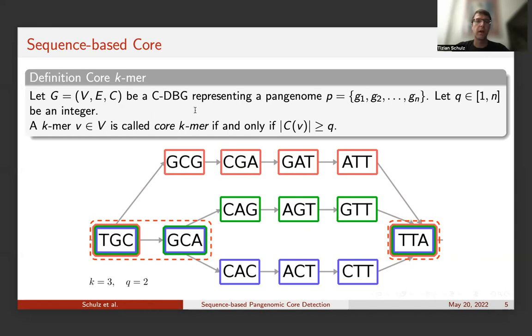And then you say every k-mer that occurs in at least q individual genomes belongs to the core. In this case, we call this set of k-mers the core k-mers. And if we look at the example down here, where k is 3 and our quorum is 2, then we find 3 core k-mers in this graph, which have a color set of size 2 and larger.